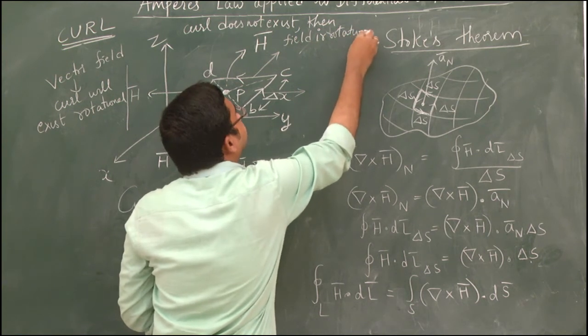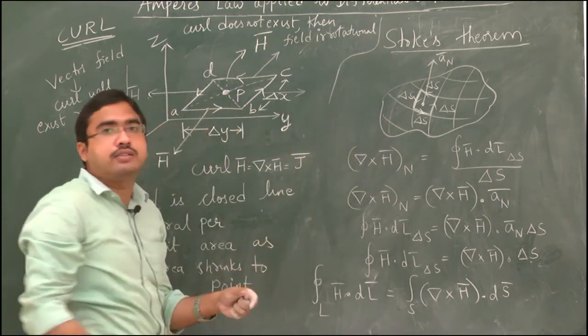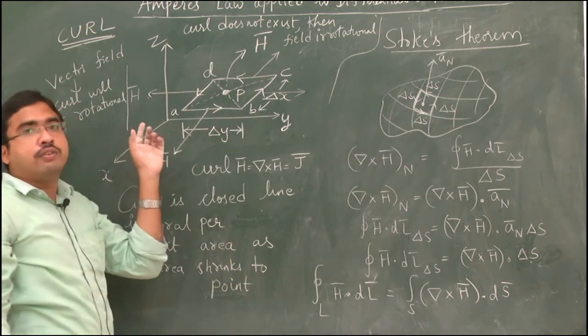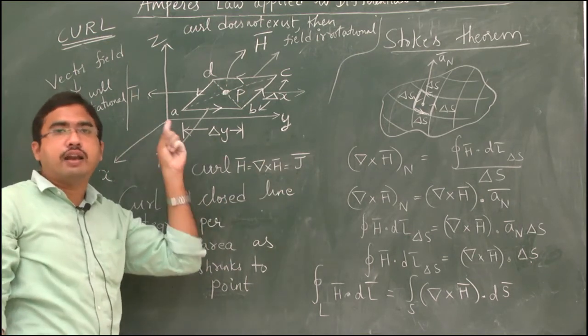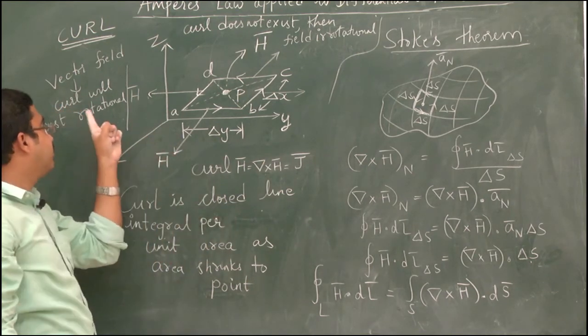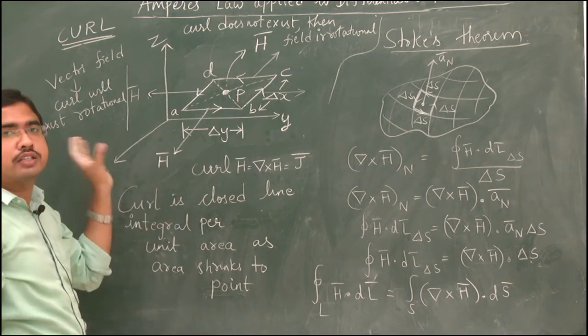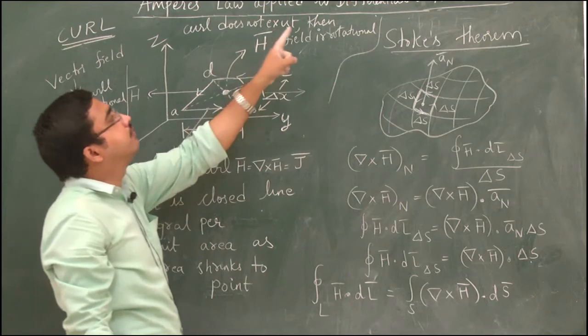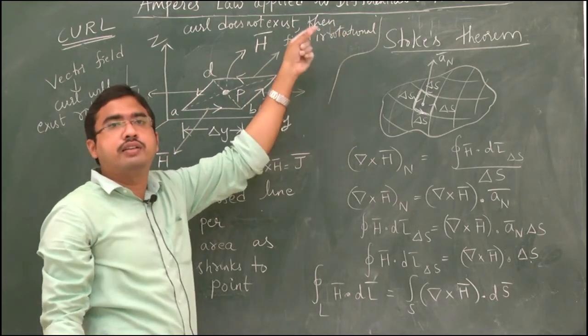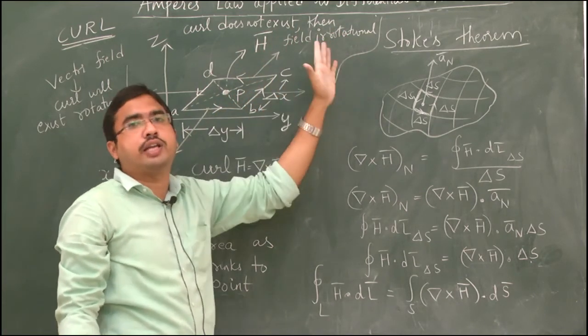This is very important for your competitive exam bits. We can say that for a vector field, if curl exists, then that field is rotational. For only rotational fields, curl will exist. If the curl does not exist, then we can say that the field is irrotational.